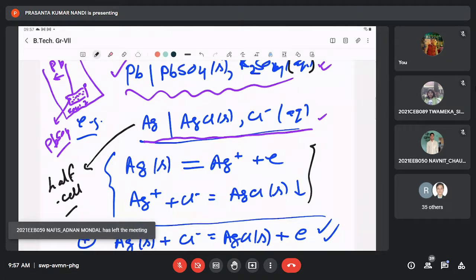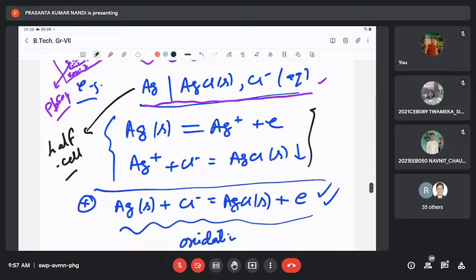This silver ion combines with the chloride ion present in the aqueous medium and is trapped as silver chloride, which is deposited on the silver metal surface.